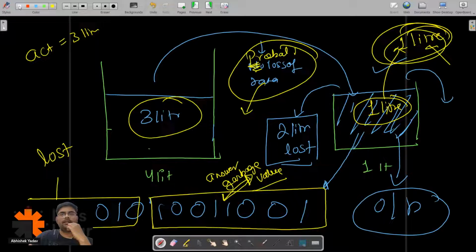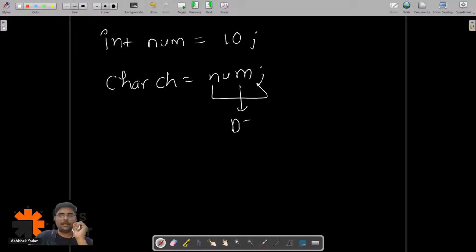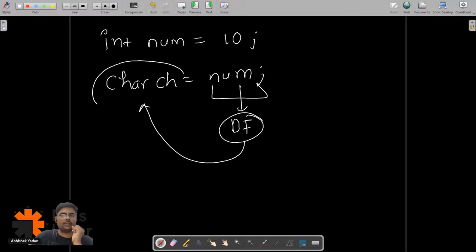So you are saying that if I have int num is equal to 10, and if I have to store char ch is equal to num, then you are asking what will happen here. So binary format data, we are picking that binary format data, and after that we are trying to store that thing here. That will be the answer.